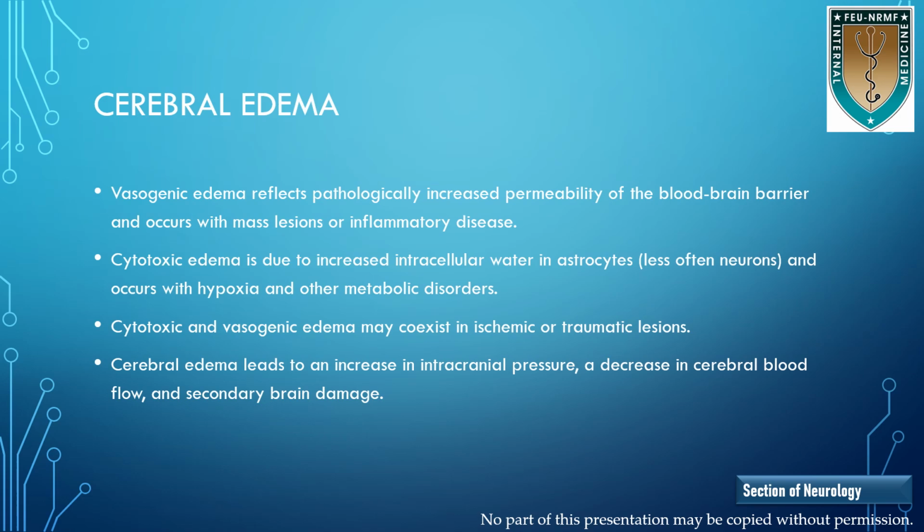Cytotoxic edema, on the other hand, is due to increased intracellular water in astrocytes and less often inside the neurons, and occurs with hypoxia and other metabolic disorders. Cytotoxic and vasogenic edema may coexist in ischemia or traumatic lesions. Cerebral edema leads to an increase in intracranial pressure, a decrease in cerebral blood flow, and secondary brain damage.